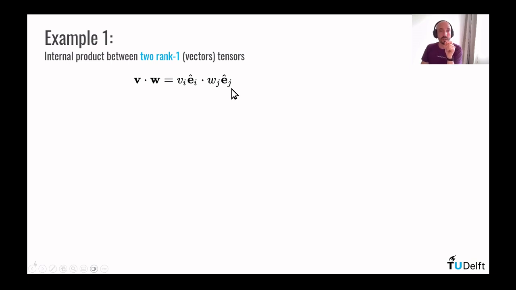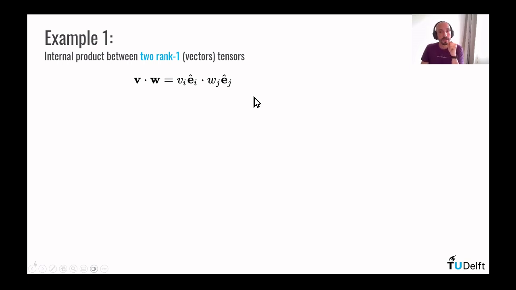The important thing here is that if I already used the index i, I cannot repeat the index i here. I have to use another letter. This is very important. All the indices that I use for one tensor, I cannot repeat for the other tensor. I have to choose other letters. So that is why I'm using i and j here.